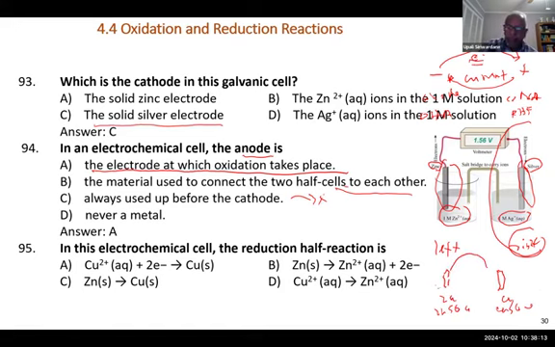That is the diagram in the previous galvanic cell. In that cell, reduction half reaction is copper. Reduction is written on the left side, right side.